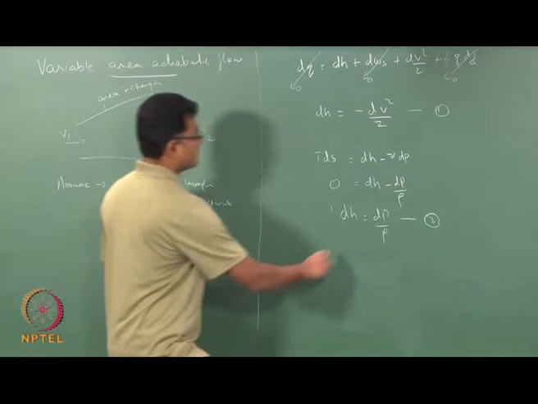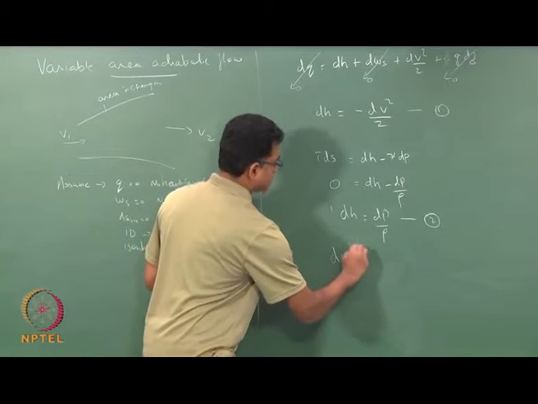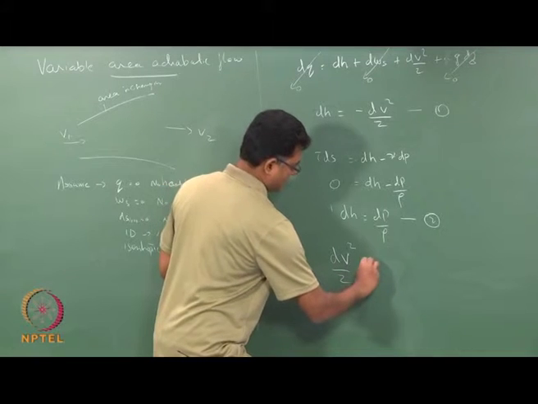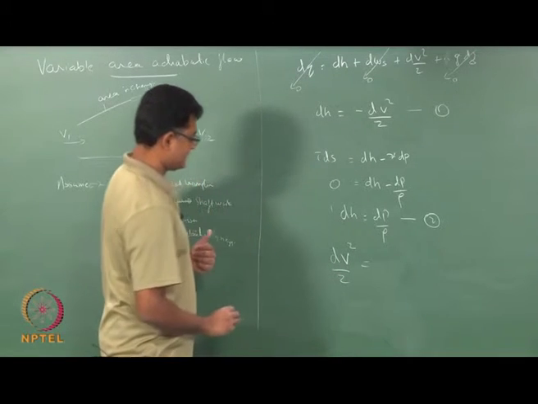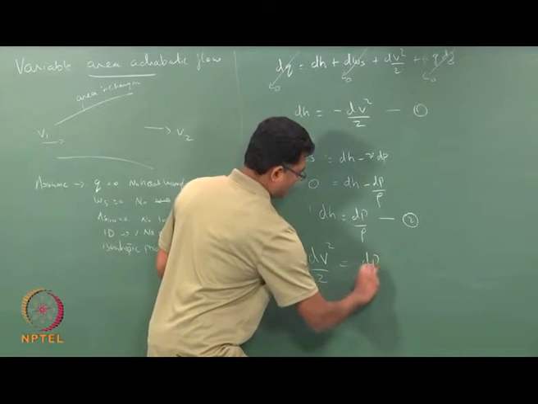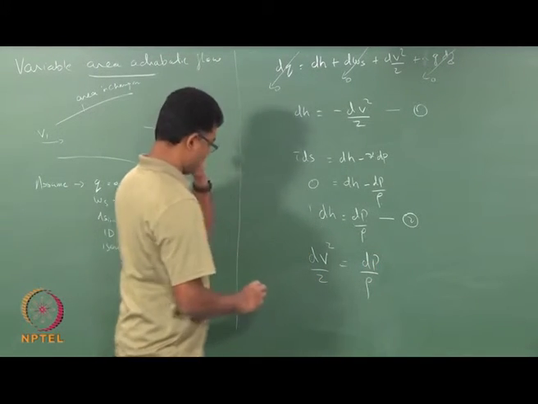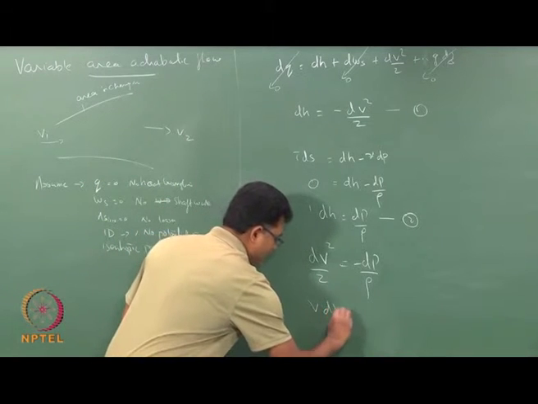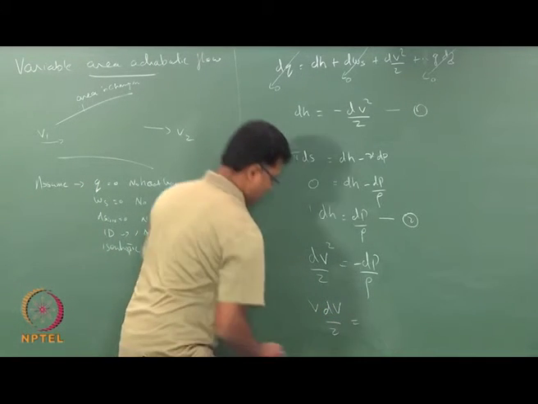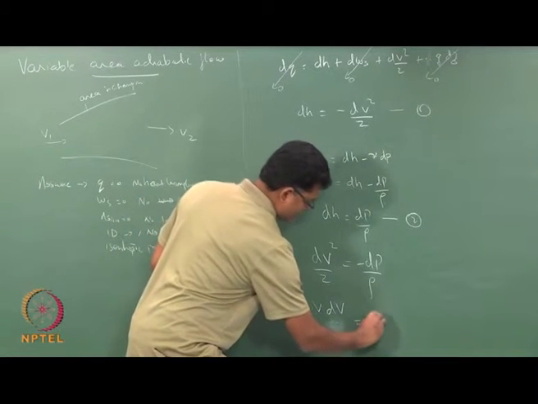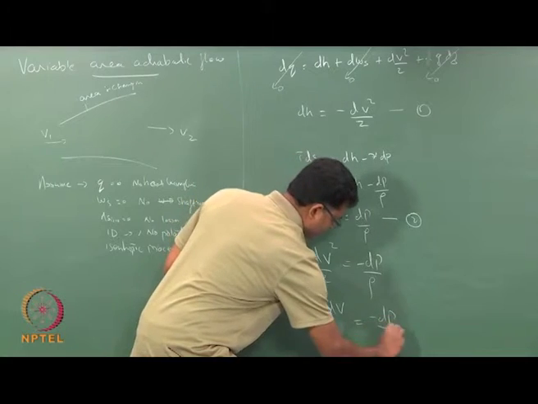From which I will get d(v square by 2) equals minus dP by rho, or V dV equals minus dP by rho.